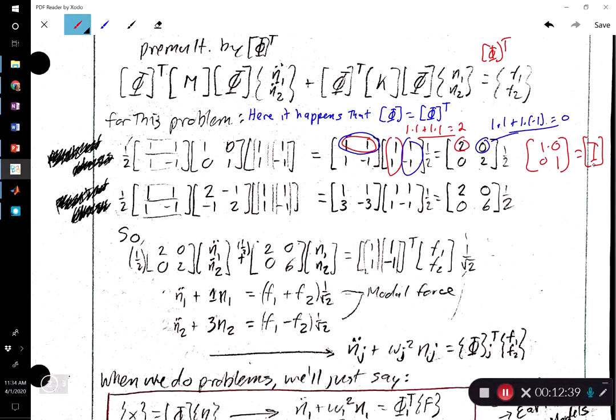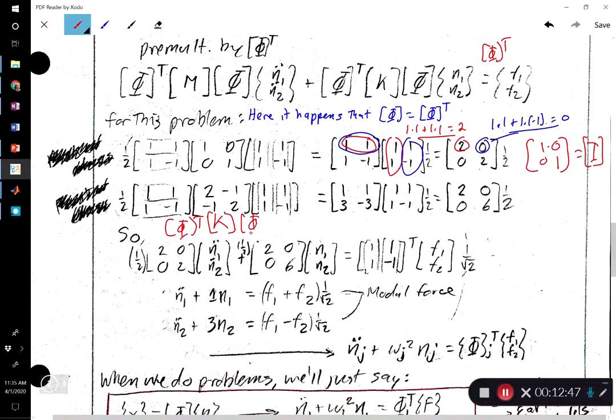Alright, and if we do the same thing with the stiffness, here we're putting the stiffness matrix with phi transpose K phi. We do the same thing there. Now what we have is a diagonal matrix with the first natural frequency squared, the second natural frequency squared, and zeros on the off diagonals.